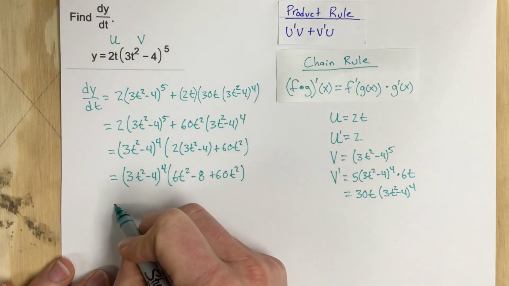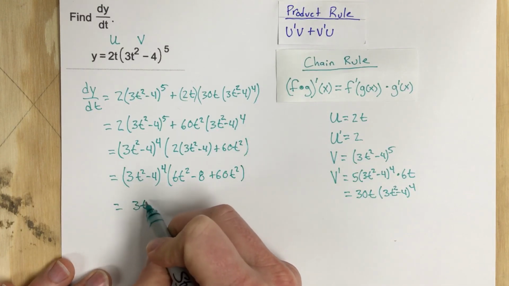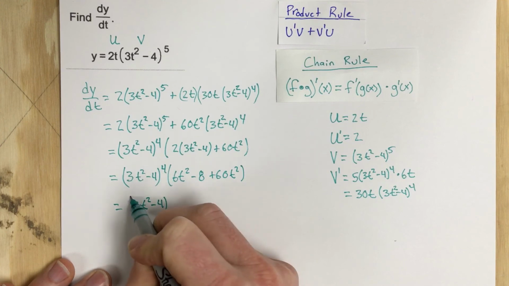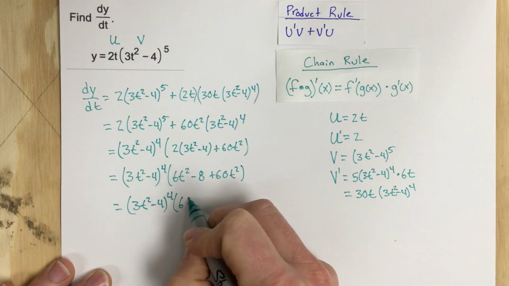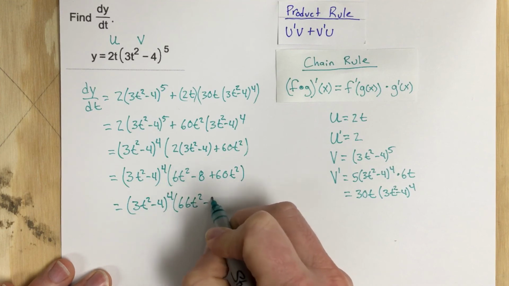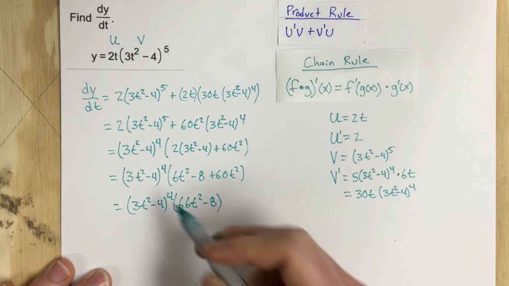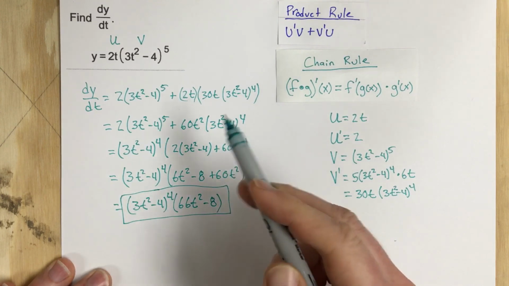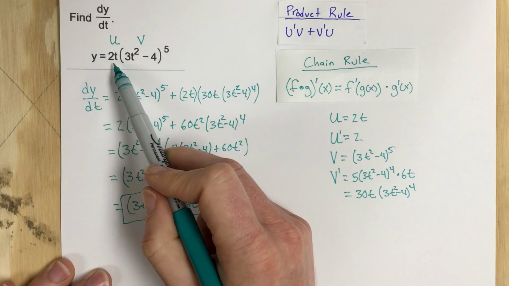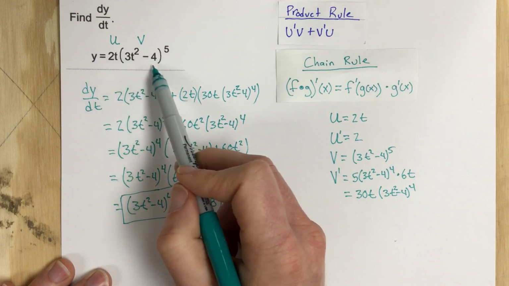Let's combine those together. We get (3t squared minus 4) to the 4th times (66t squared minus 8). And so we end up with this being our derivative for the original function y equals 2t times (3t squared minus 4) to the 5th.